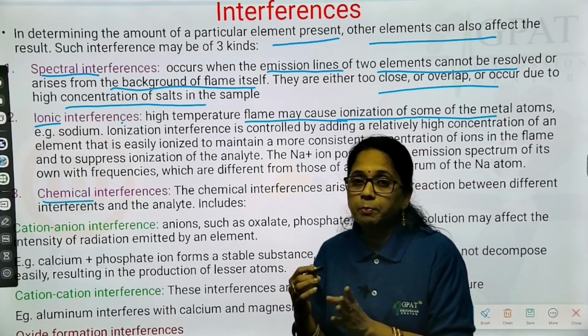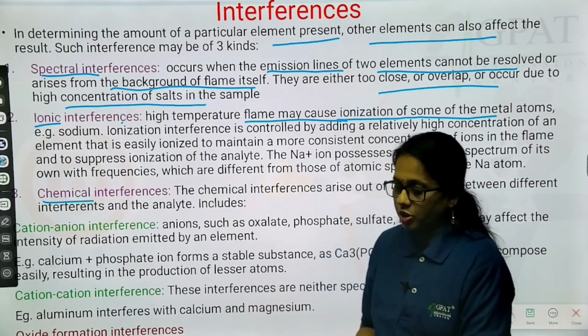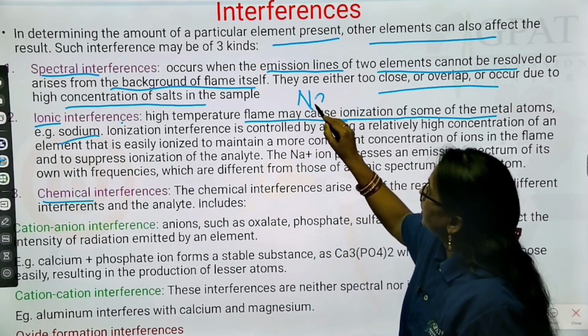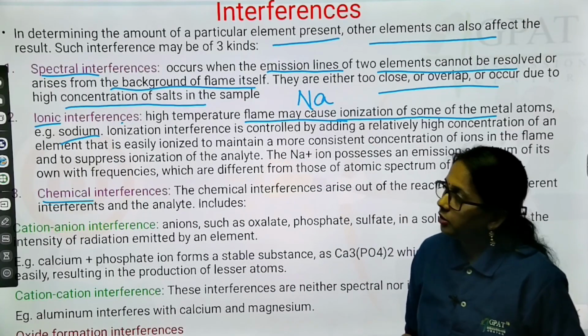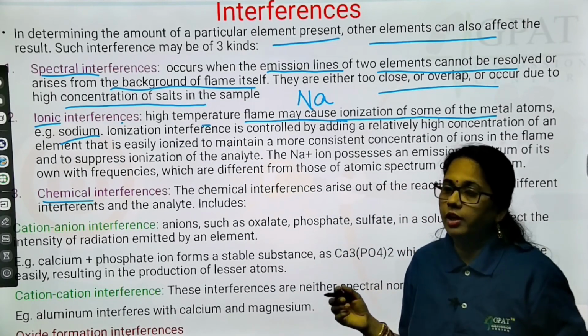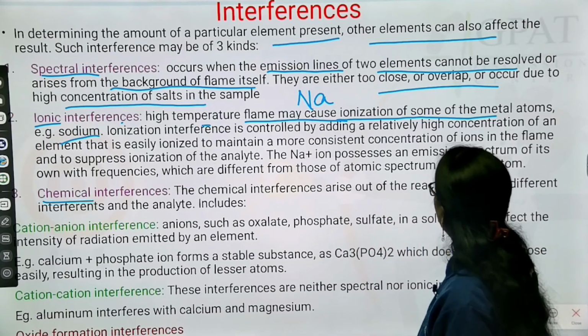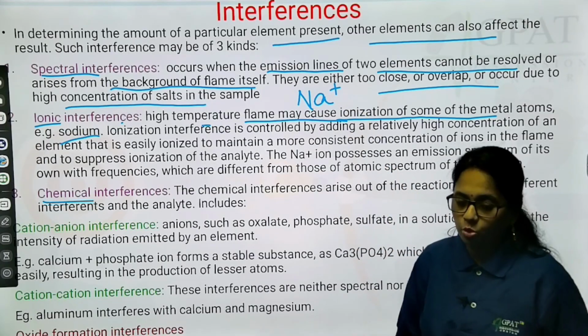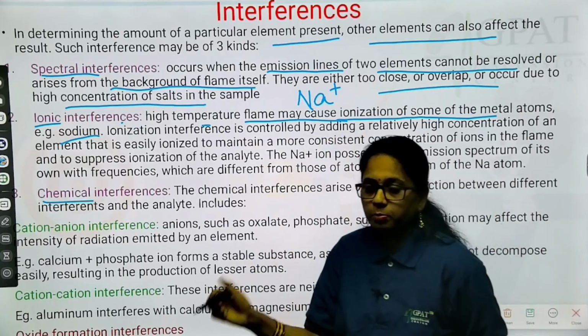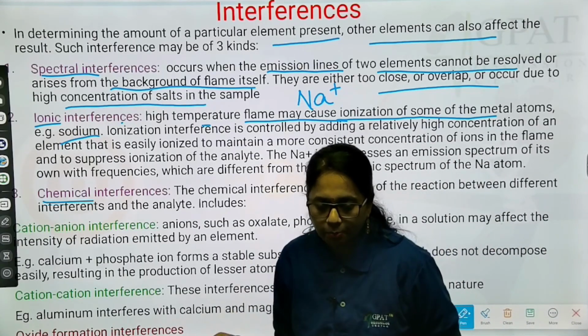Like sodium: as such we can estimate sodium, but if you use a high temperature, more than 2500, it is going to cause ionization and form sodium plus. So the spectra of sodium and ionized sodium are completely different.